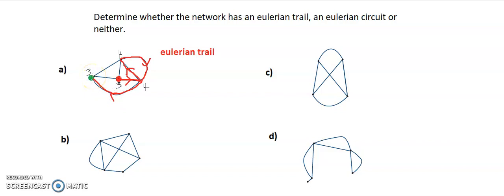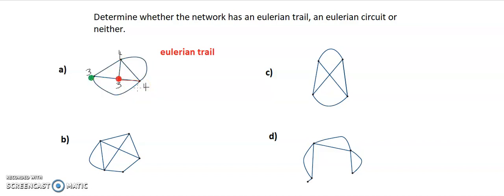I'm at my end point, but I've still got a couple of extras, so I'm still not going over. Here I have not gone over any of my extras more than once. So I know it is a Eulerian trail.